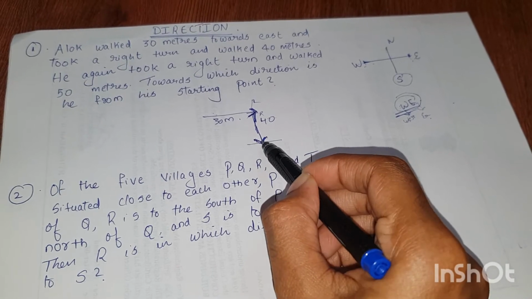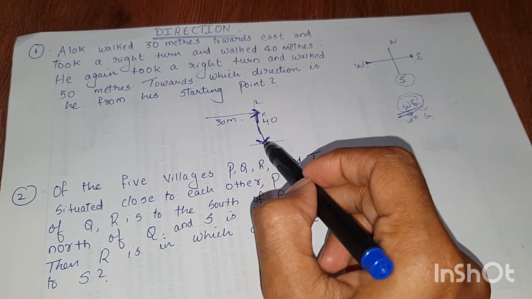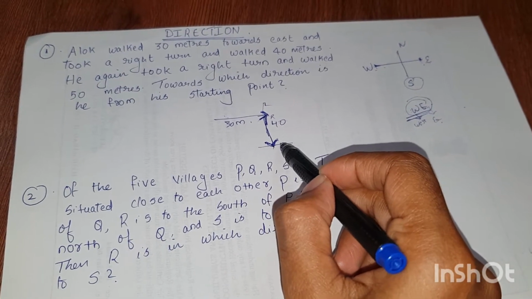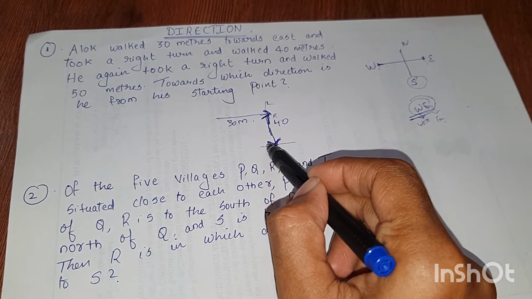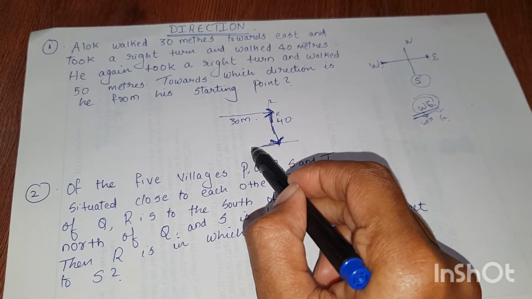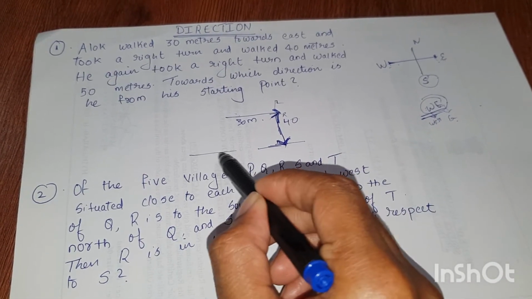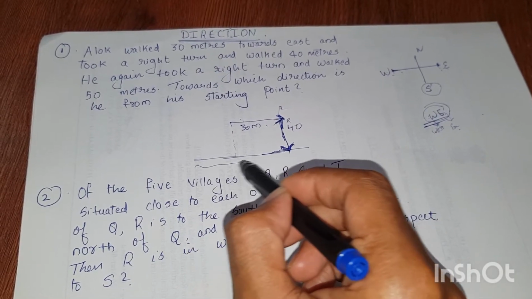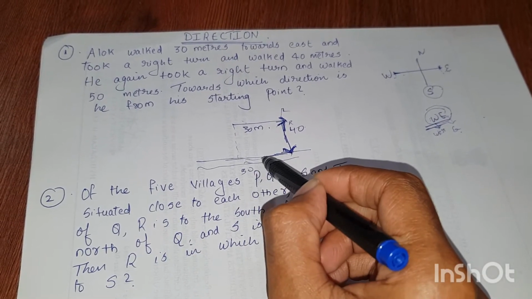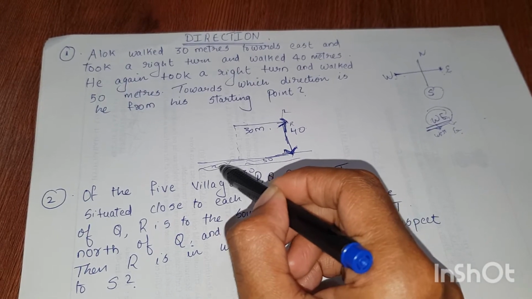Imagine that you are standing in that position in the question, and then it will become easy to find the answer. Again a right turn means here, and he walked 50 meters. Up to this it is 30 meters, and he walked 50 meters, so this much is 30, this much is 20.